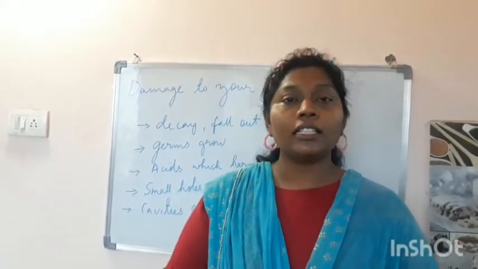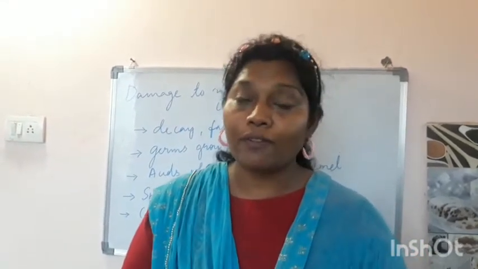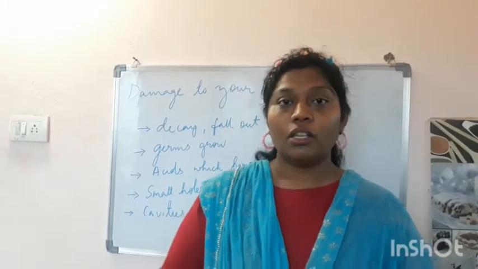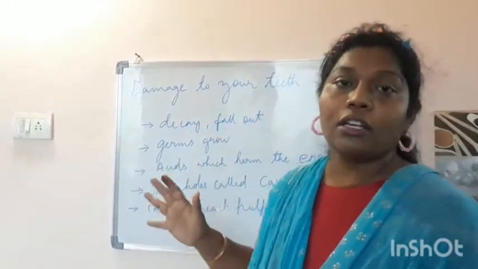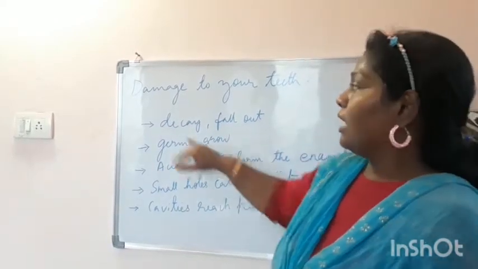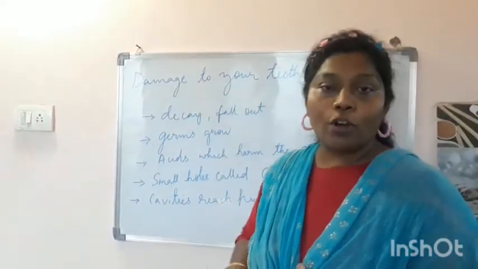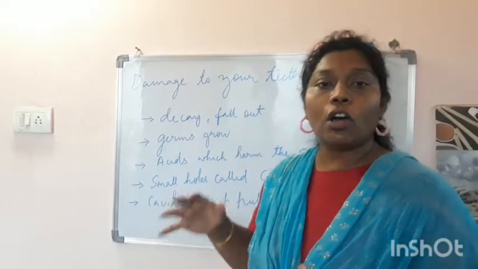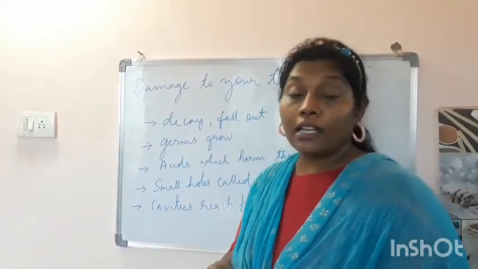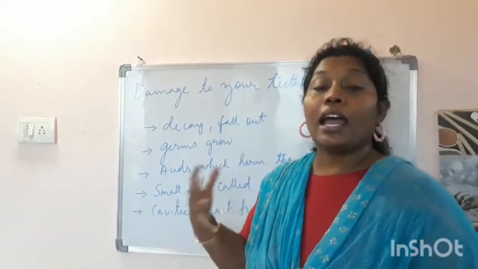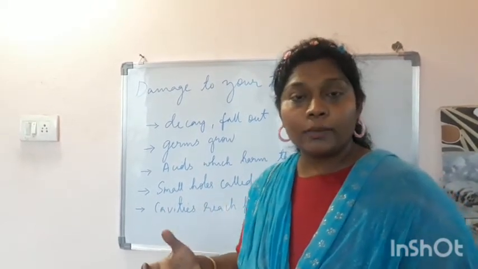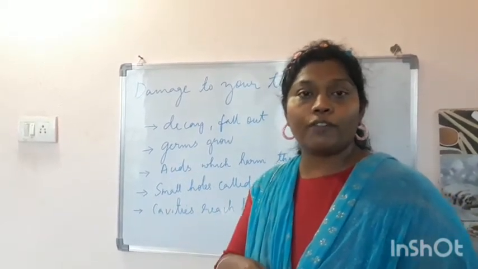So to protect the teeth from damage, we have to follow a few instructions. First we will learn what damage is caused to the teeth. If you are not brushing properly, because we are eating many different kinds of food items, some sweet, some salty, some spicy, and we eat hard material and sometimes very soft material.